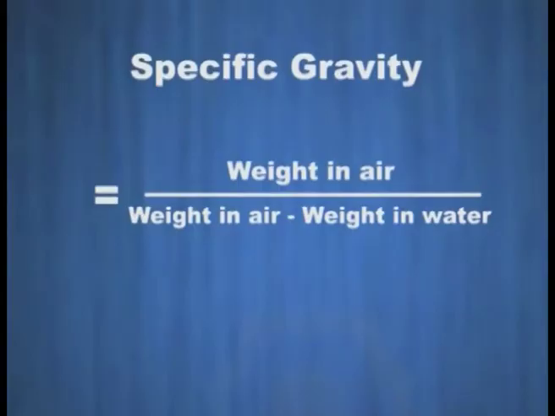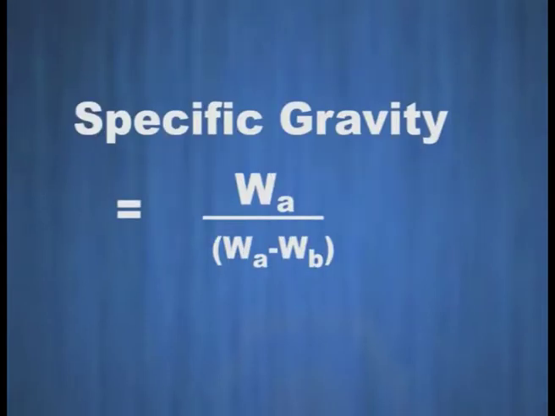Specific gravity is given by the formula weight in air divided by weight in air minus weight in water. However, since the two distances are inversely proportional to the specimen's weight in air and water, the formula becomes specific gravity equals B upon B minus A.